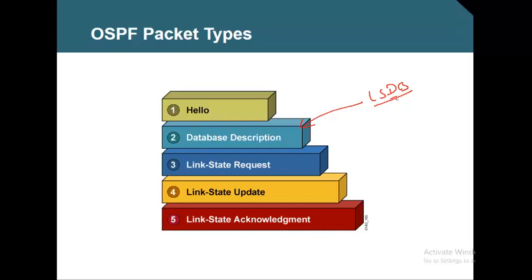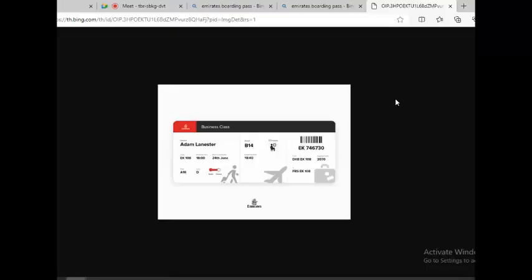Have you seen aeroplane tickets? You see the boarding pass. This one is a summary of the person who is traveling. He belongs to first class.